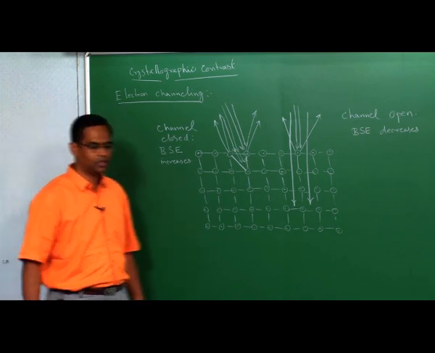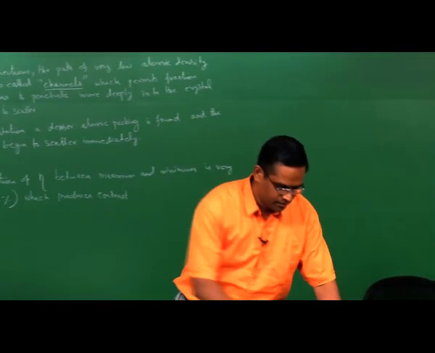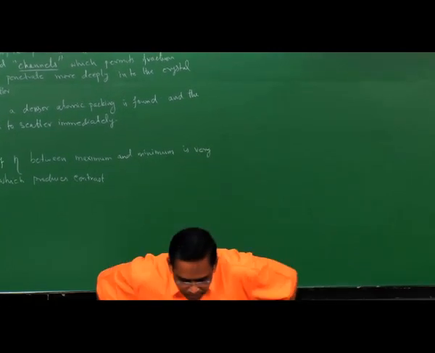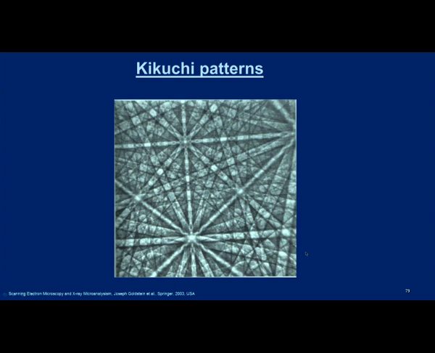Now, what we will do is drive our attention to another important imaging technique called EBSD. This EBSD pattern will look like this. It is also called a Kikuchi pattern. You will see the bands of bright and dark line pairs, and we will now see some of the basics about this image formation.